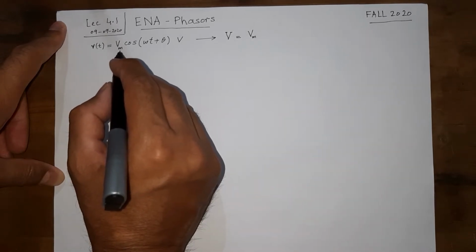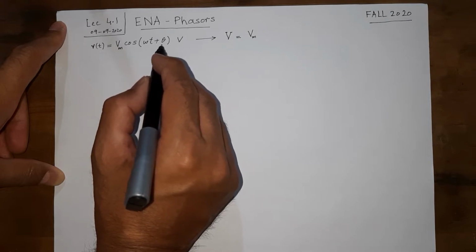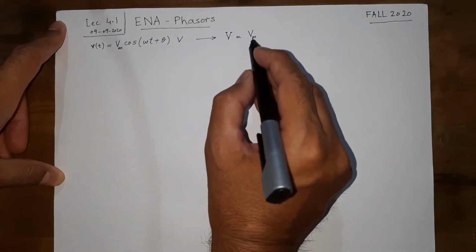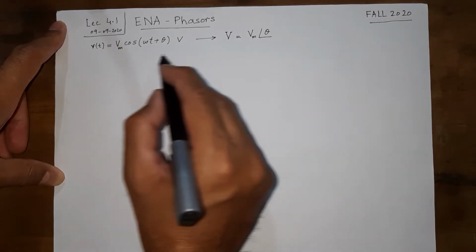Here it is the amplitude, this is the radian frequency, and this is the phase angle. Here this is the magnitude of the complex number, and this is the angle of the complex number.